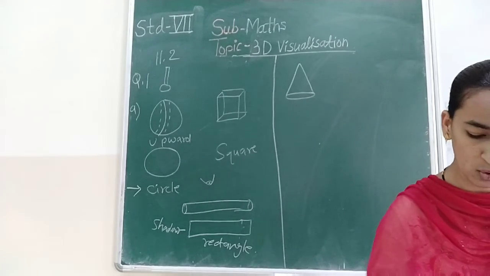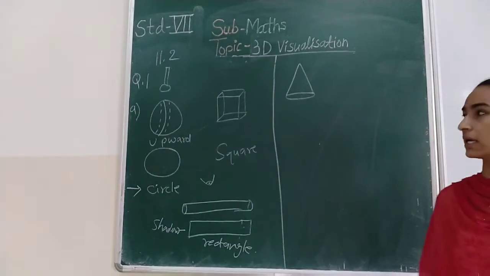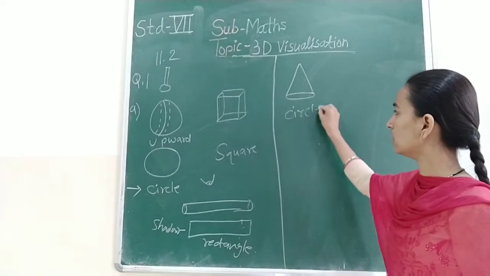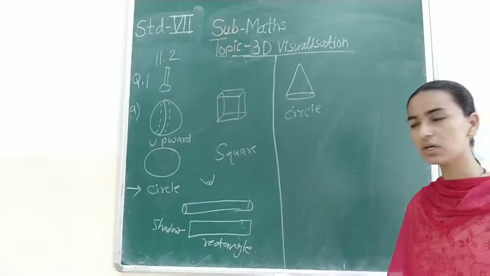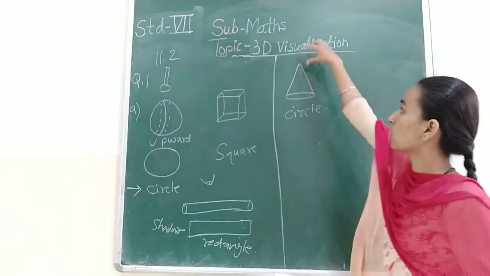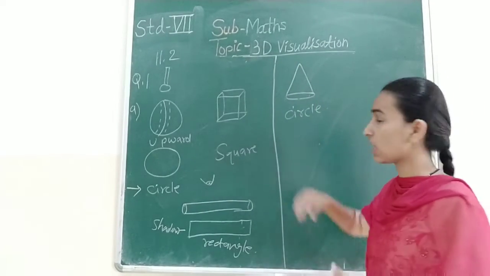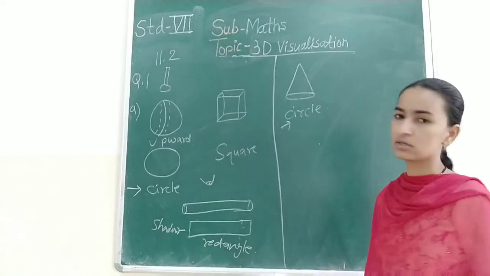When you see a cone from upward direction, it shows a circle, because you touch here and this part is reflected down. So the answer for this is circle.